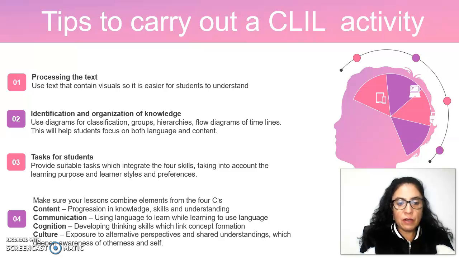And culture, which is very important, exposure to alternative perspectives and shared understandings, which deepen awareness of otherness and self. So these are some tips that we should keep in mind in order to carry out a CLIL activity, or a CLIL course in its entirety.